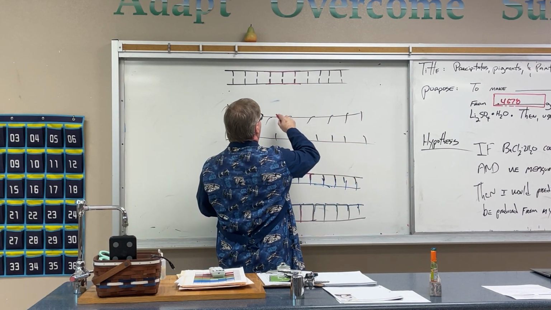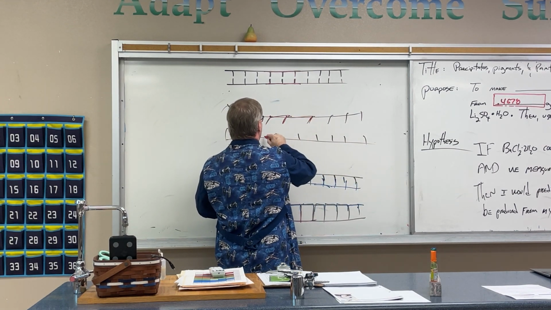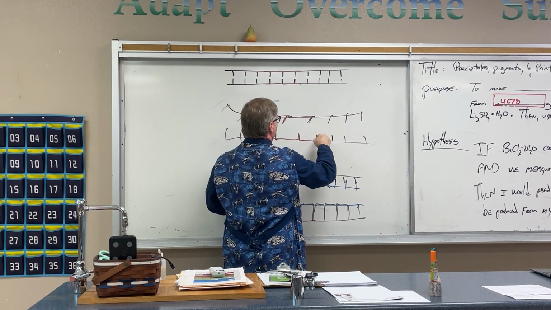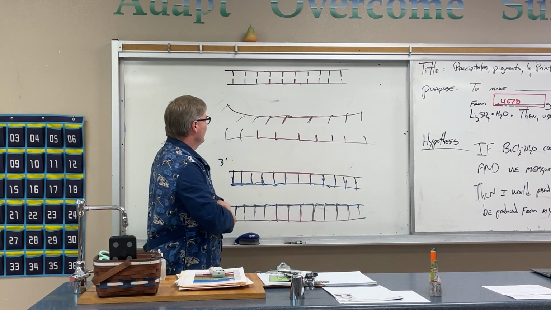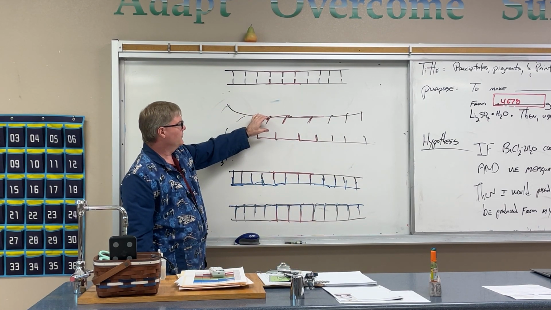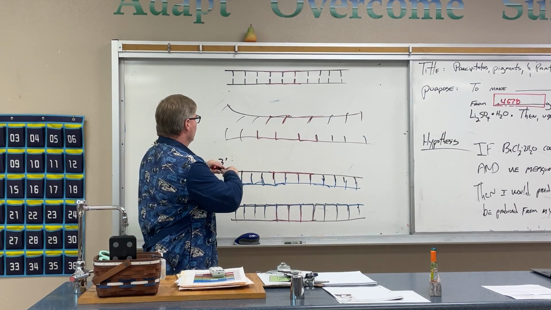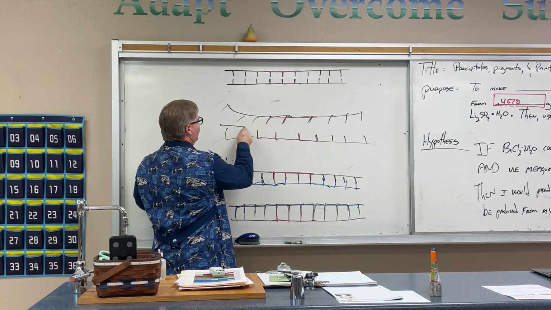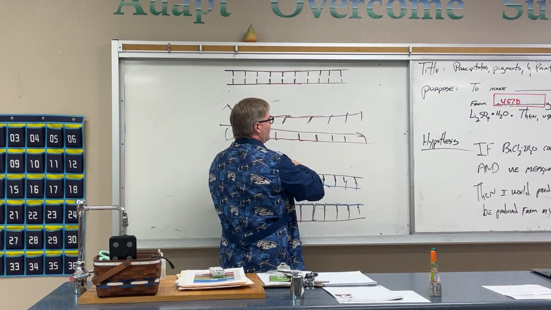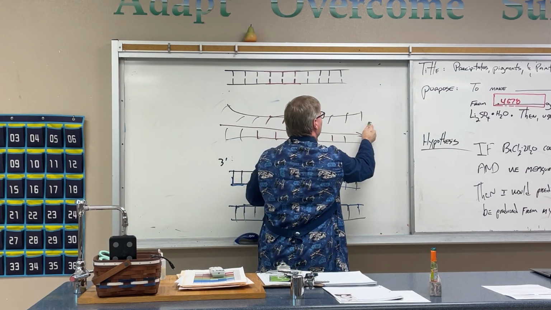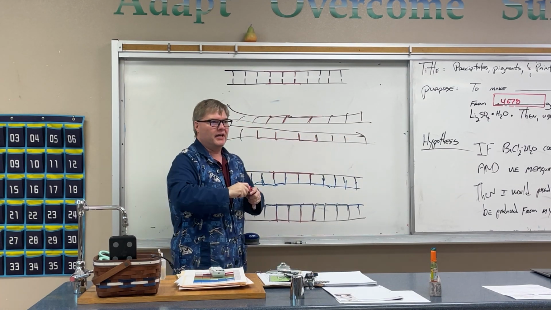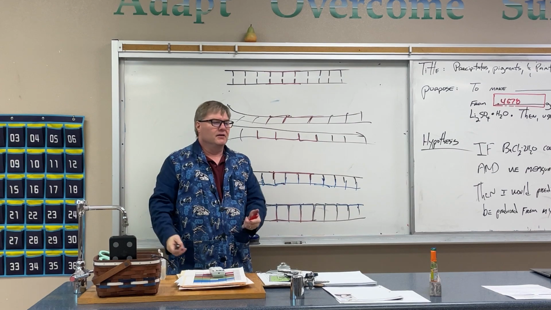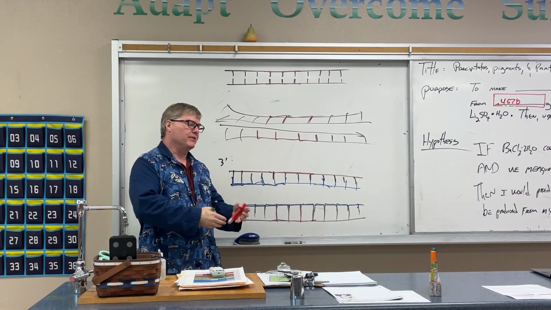Here's the virus in there, it got unzipped as well. And if it could get unzipped completely first, then this could build this direction continuously, and then you could grab on here and build this direction continuously, and both would get copied. But that's not what happens.